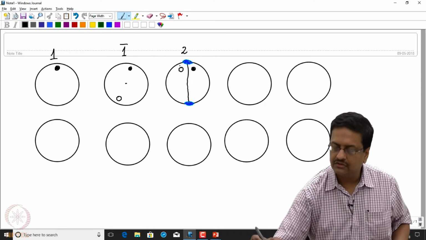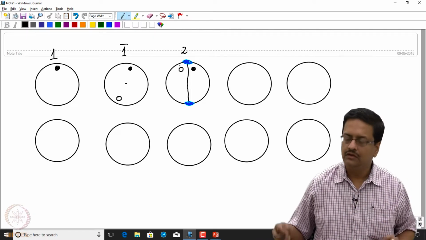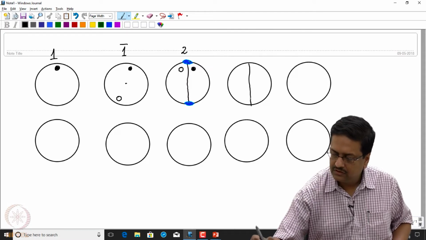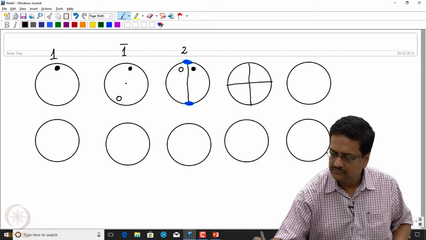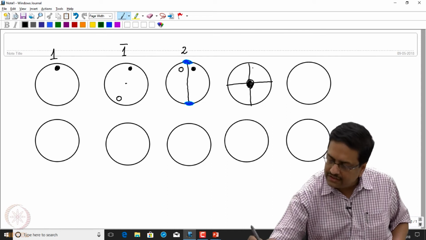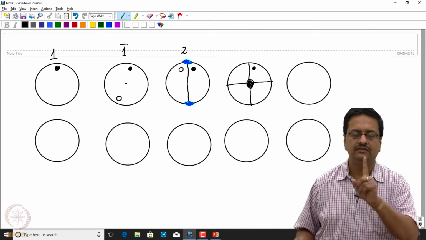One can consider the twofold to be along Z, which means we may have the twofold in the middle of the plane of projection. So in that case, we start from here. This is a twofold.